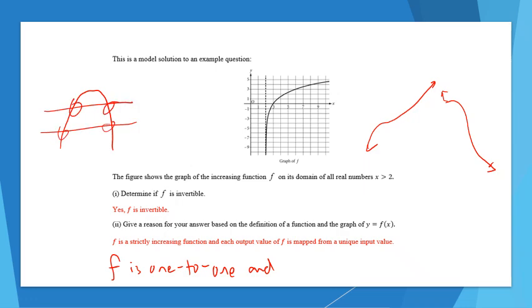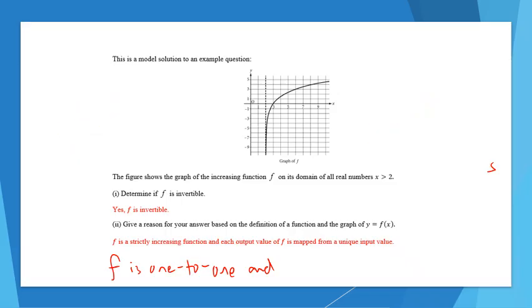And so you want to talk about the general trends of that function, and if it is not invertible, then it will usually say something in here about it. So I would say f is one-to-one and strictly, which means always. So you could use the word always as well. Increasing.